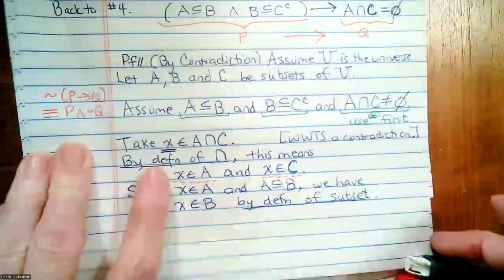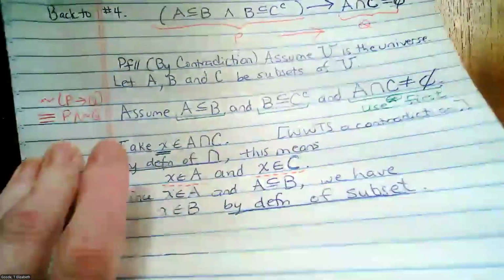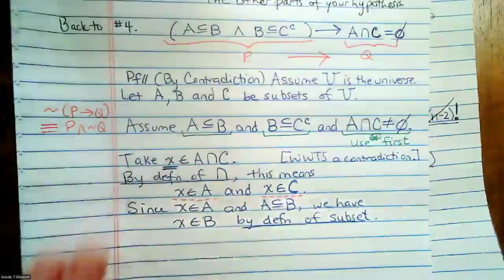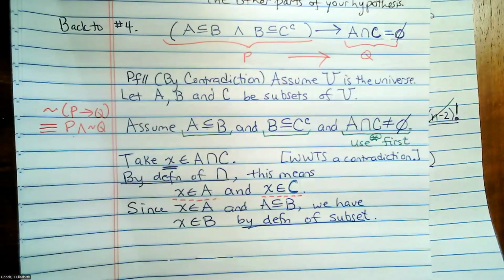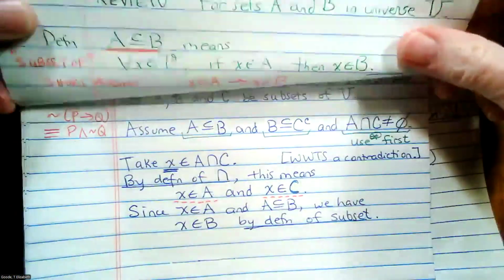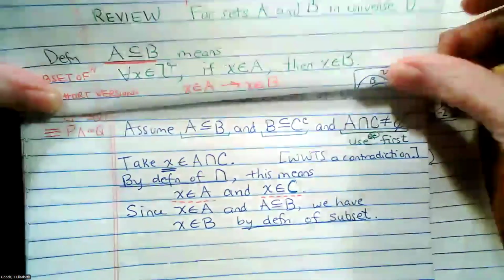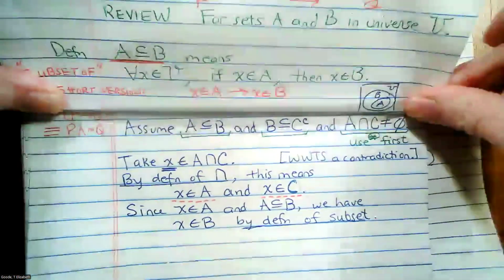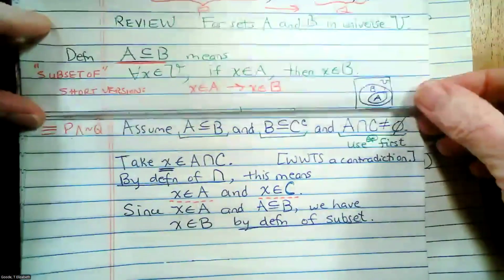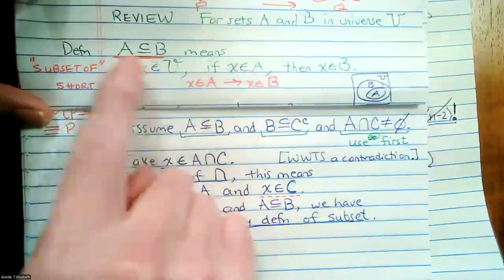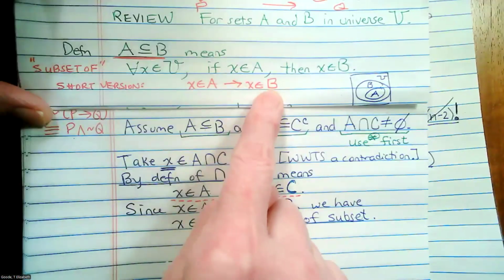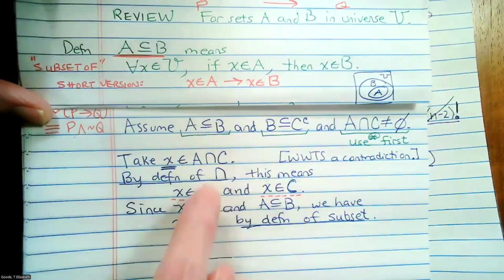Let's review our definition of subset. A is a subset of B means if X is in A, then X is in B. Well, we already used that.